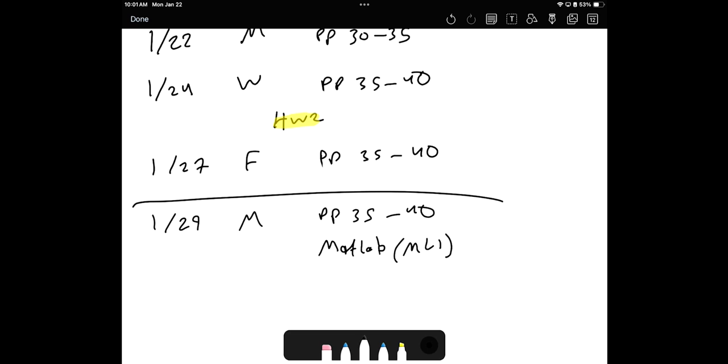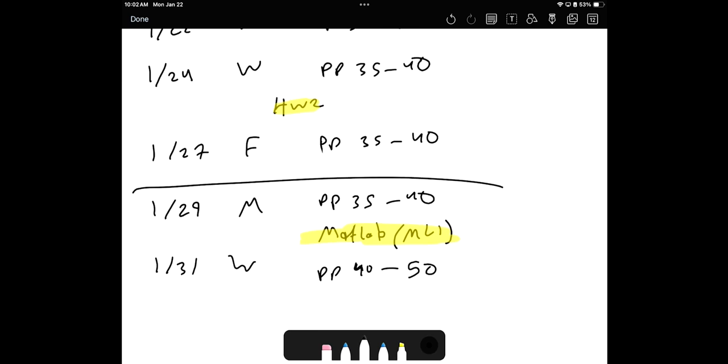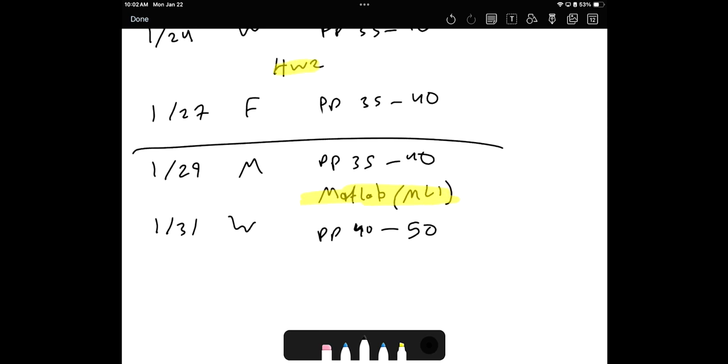You can go to Canvas, to the section of the MATLAB project, to see what you need to do. This is the due date for the MATLAB project. Then on the 31st, Wednesday, the readings are page 40 to 50, and it is also the due date for homework 3.